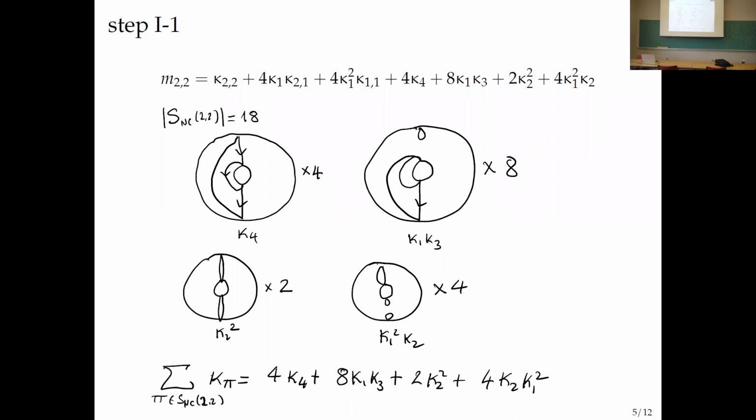So here I did 1 to 2, and there I did 1 to 3. So I have to do 1 to 4. Okay. So there's 4 of them.